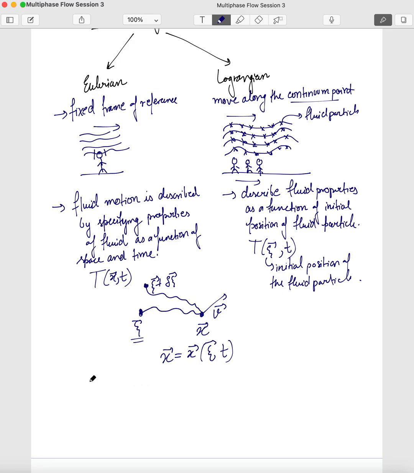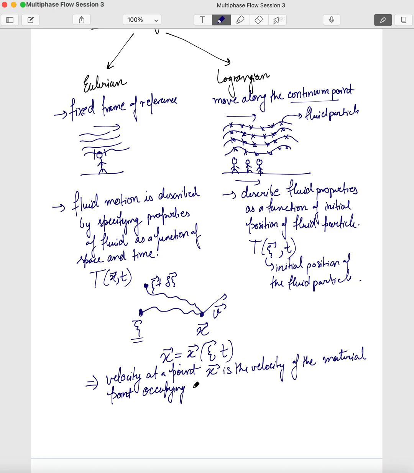And the important statement about velocity is that the velocity at a point x is the velocity of the material point occupying x at that time.